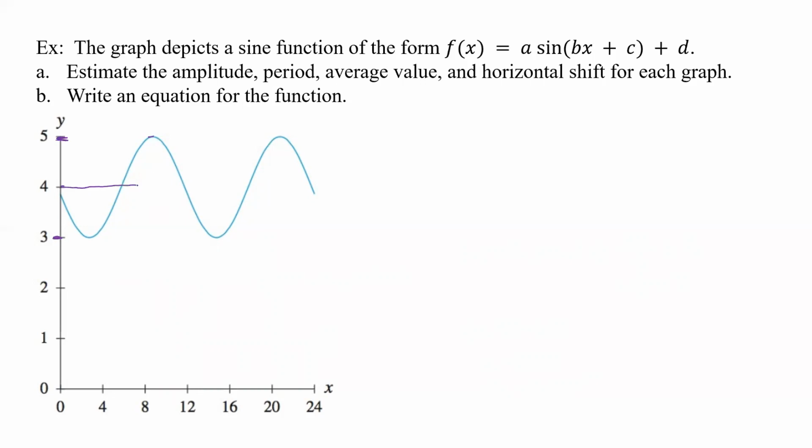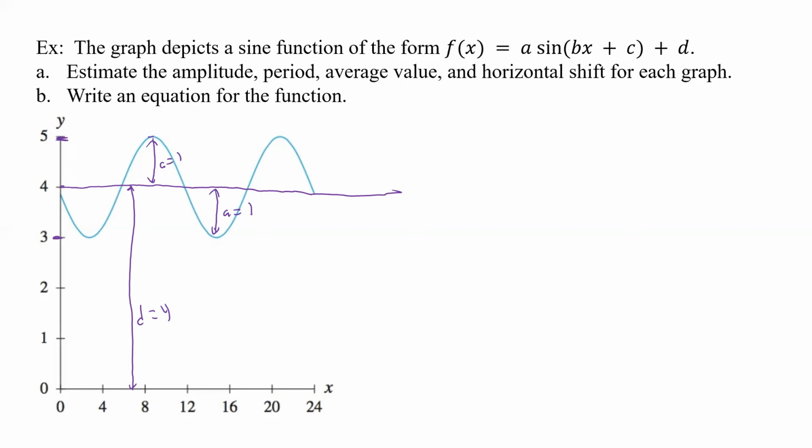And so that means that's going to be in here, something like that. So amplitude A equals 1. Well, that gives us then, if we go from there, D is equal to 4, right?